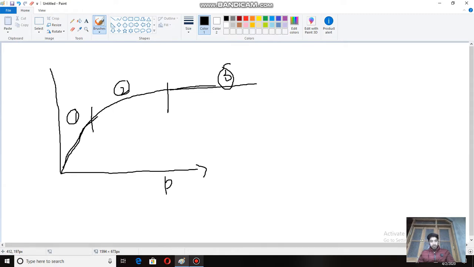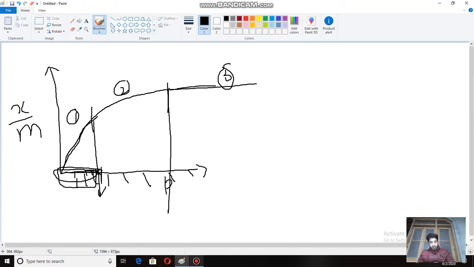Obviously this is P, and this over here is x by m. As we know, these pressures before this point, P1, P2, P3, P4, P5, P6, P7, P8 up to this, are low pressures. For this part, these are intermediate pressures, and for this range, these are high pressure values.